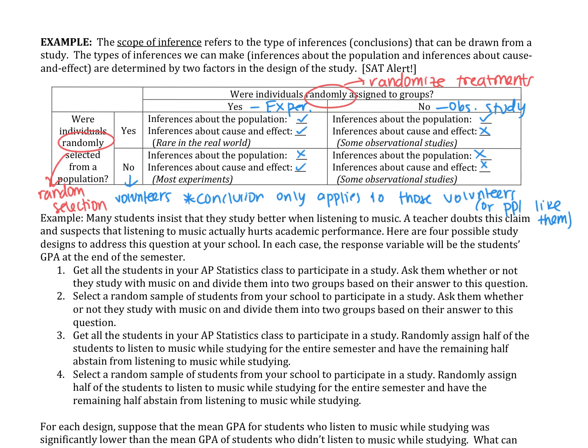So again, what this table is telling you, if you randomize treatments, you can show cause and effect. If you have random selection, you can generalize to the population. That's what it comes down to. Randomizing treatments shows cause and effect. Random selection allows us to generalize. So we're going to look at a few cases and what it would allow us to conclude. Questions for me?